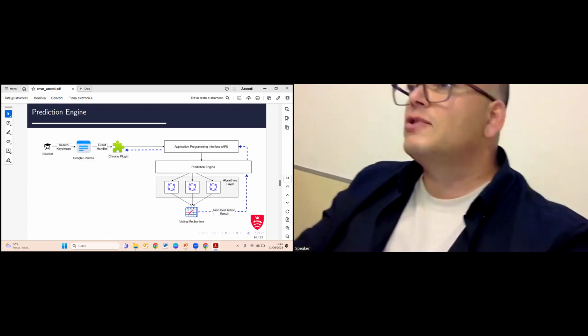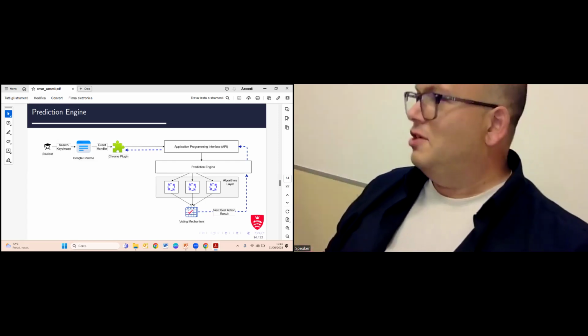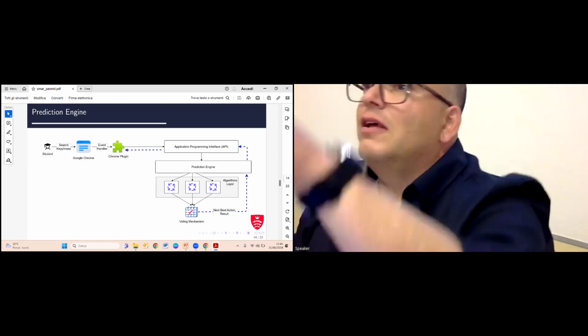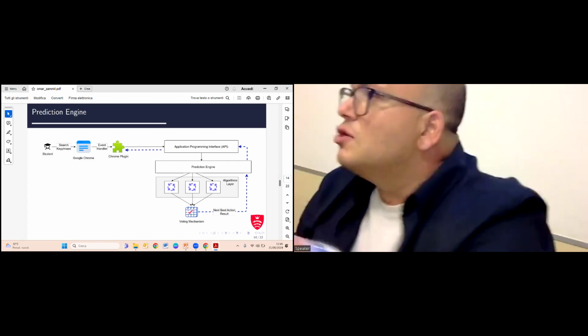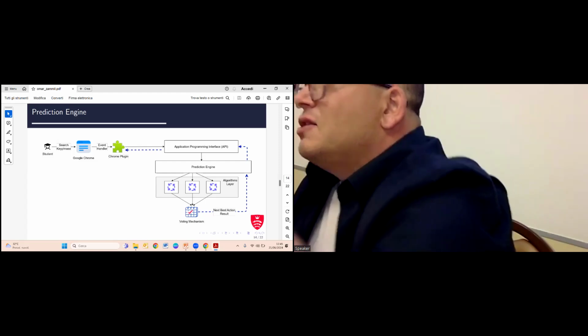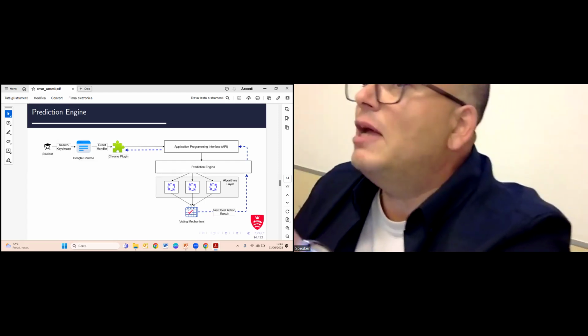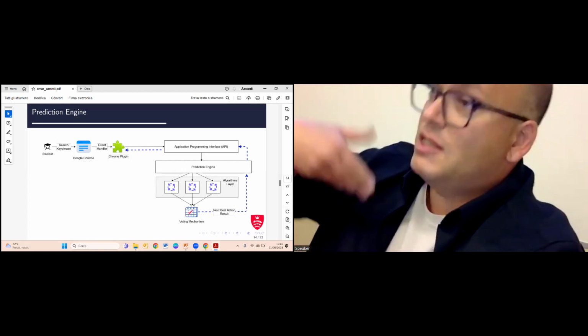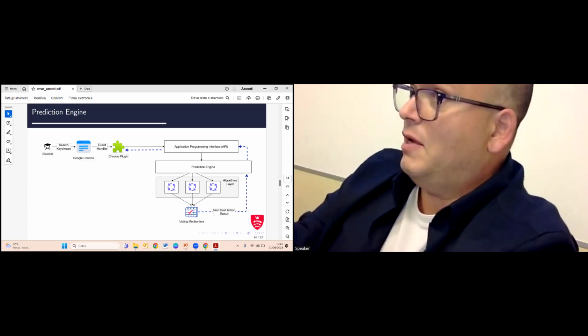The three algorithms will reply with a prediction. And then there will be a voting mechanism that will decide which prediction should be presented back to the student. So maybe I did not mention the Chrome extension is not only capturing the data, but it's also displaying the results.